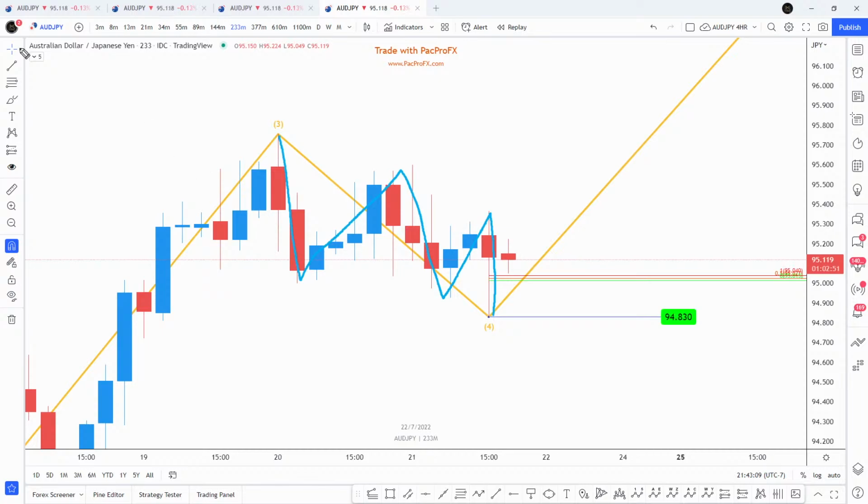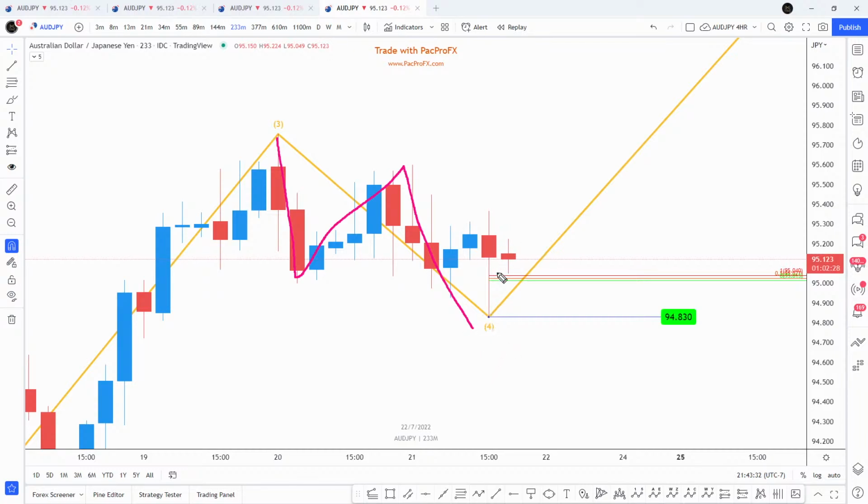Now only an experienced Elliott wave person would know that there's actually something wrong here, and what's wrong is the waves did not look right. So what you really have is a 1, a 2, and this is a 3 right now. Right?